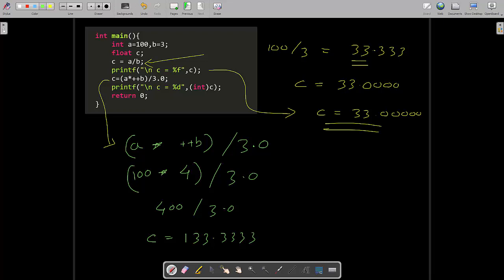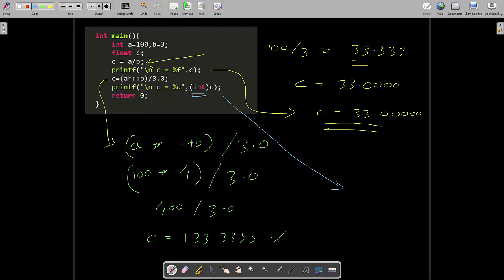So this is perfect. But when you print in the next statement, very tricky part is, if you print this statement over here, this is very important to note. We are converting the floating variable into integer.